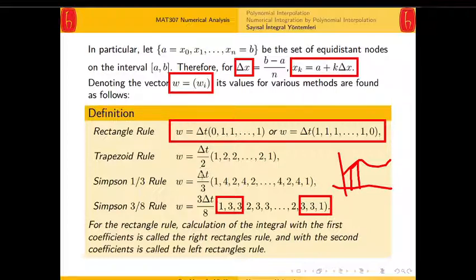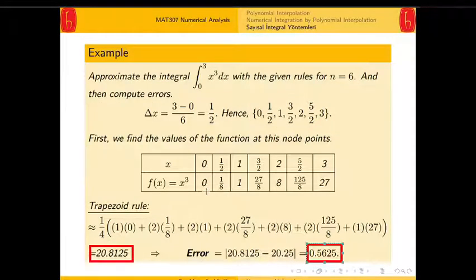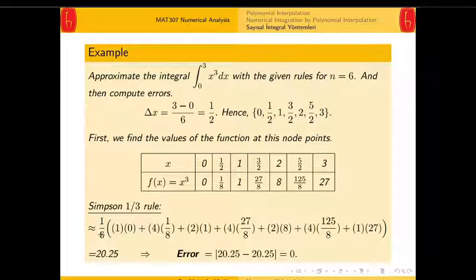Here delta t is equal to 1/2 in our case, so this will be 1 over 6 times the weights. So 1 over 6 times 1, 4, 2, 4, 2, 4, and it will be 1 for the last node point. If you perform this computation, this will be 20.25, and the error with this computation will be equal to 0.